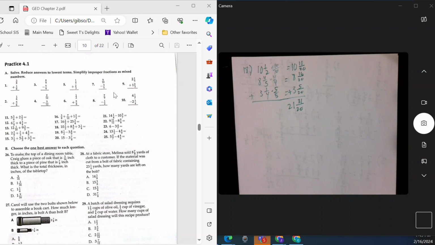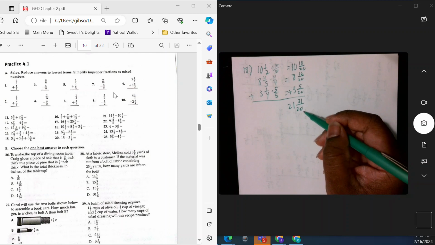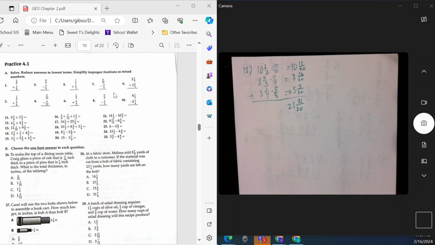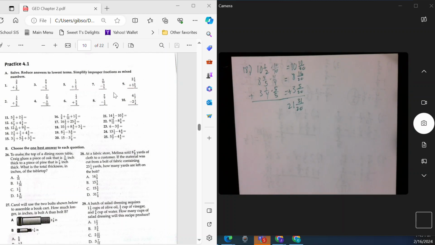Okay, now we notice here that we have an improper fraction. But first, let's see if we can simplify. 31 and 20 has nothing in common, so it's already simplified. So what we need to do here is change this improper fraction to a mixed number and add it to this number here.